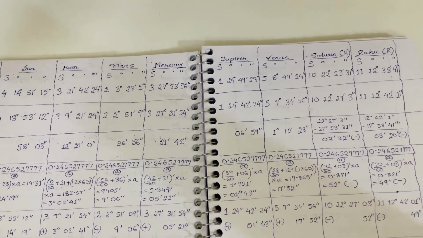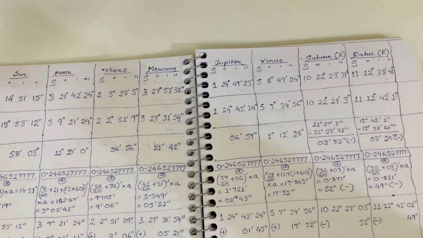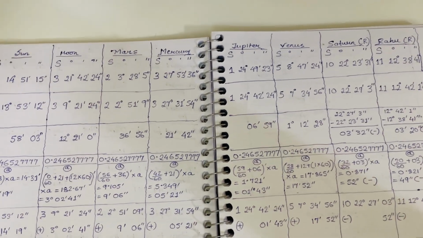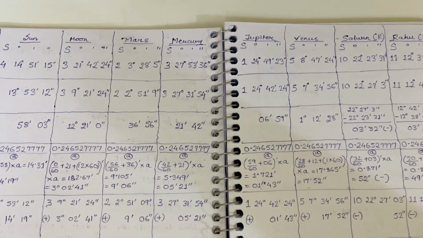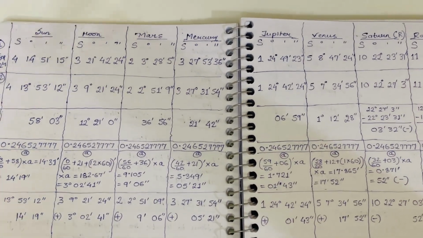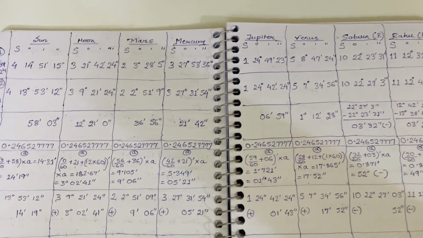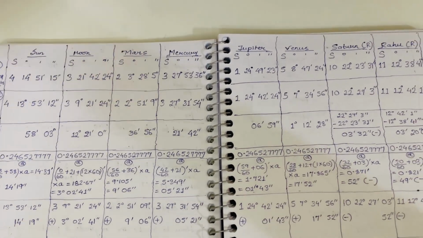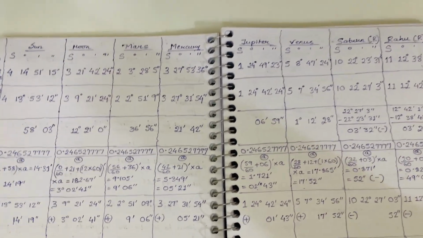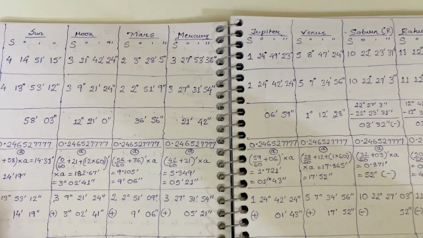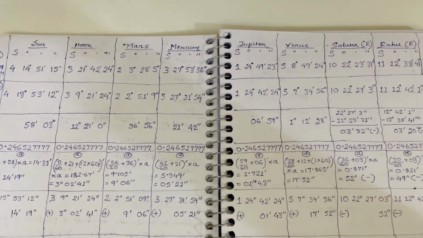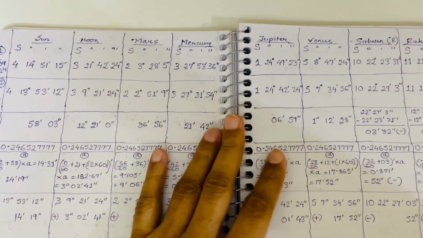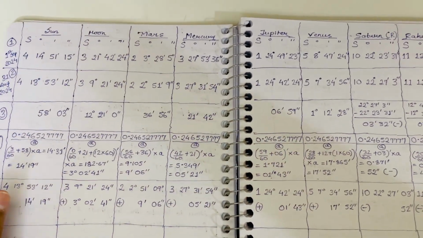The first sign rising on the eastern horizon is Libra, that we have already calculated. Now the planets, starting from Venus, all the 9 planets, how were they placed in the sky? In which sign were all of those planets? What was the planetary longitude? What was the longitude of all the 9 planets? Everything we will be calculating in this class.